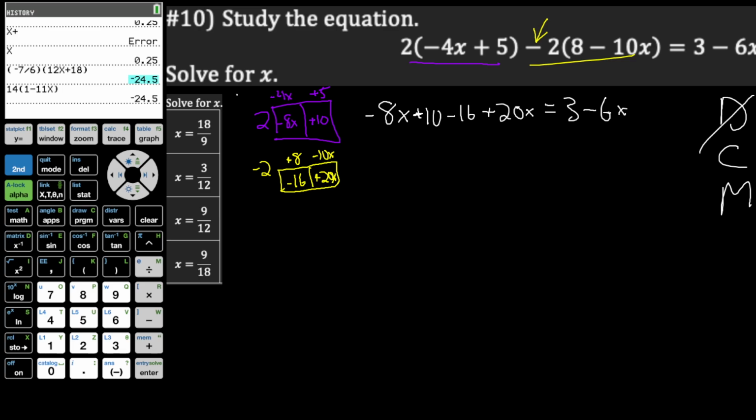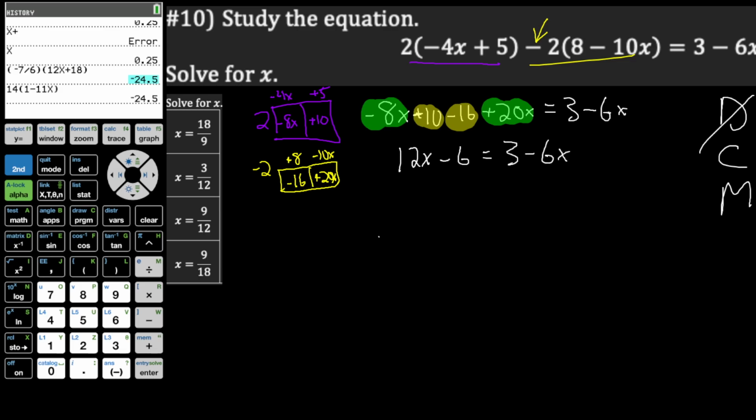I need to make sure that I'm looking for terms that share a variable in common. So I can combine -8x and +20x, and that's going to equal 12x. And then I can combine positive 10 and negative 16 to get negative 6.